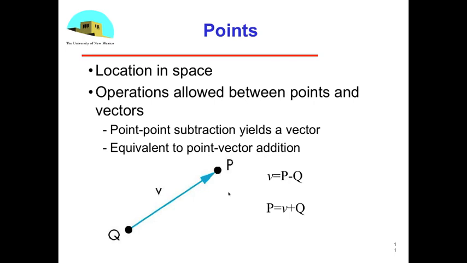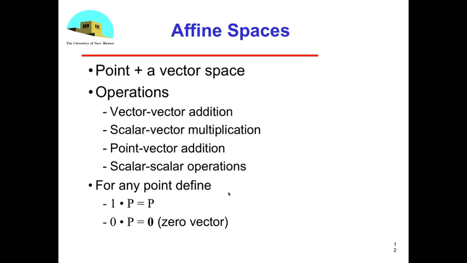Okay, now that defines a different kind of entity from a linear vector space, which is called an affine space, which is the crucial one for everything we do in graphics. And what it is in terms of a vector space, it's a vector space and we add a single point to it. Well, why does adding a single point really help?